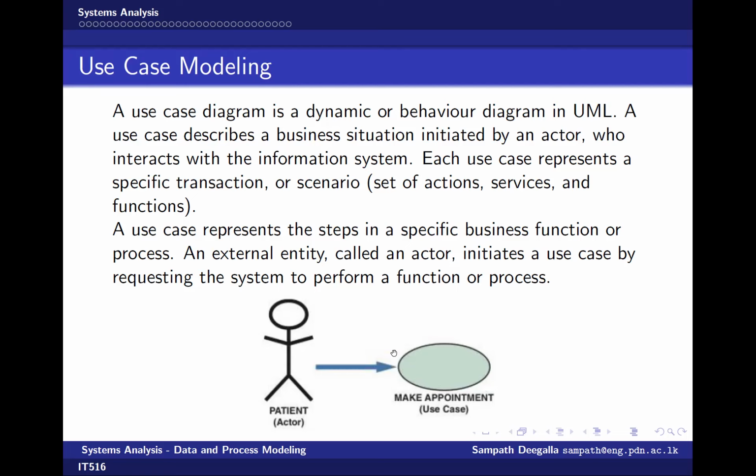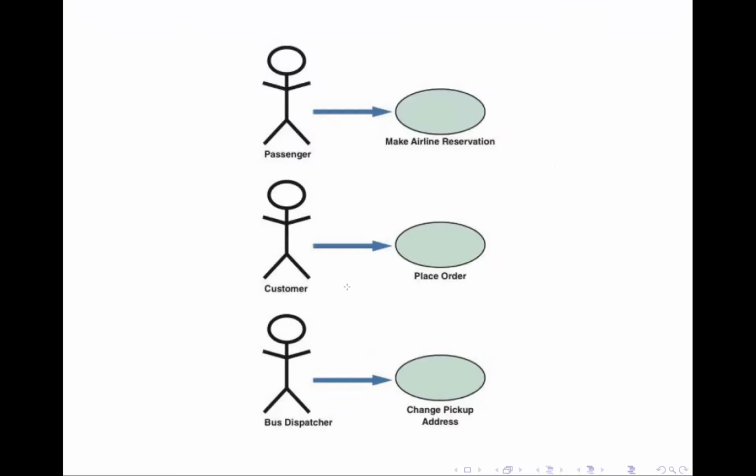Actors we usually call external entities, and the actors are the ones who initiate the use case to perform a particular function or process. So in this case, the patient is initiating the task of making an appointment.